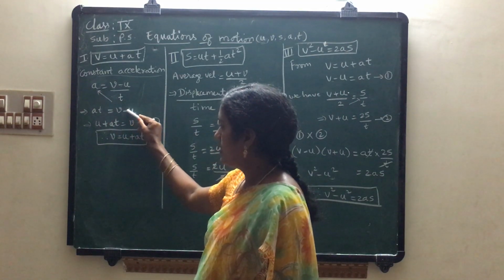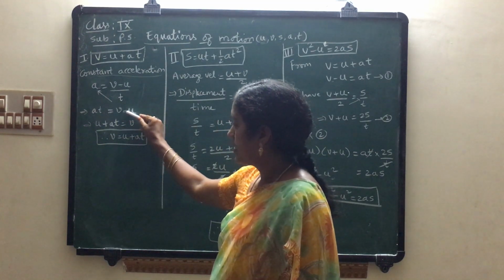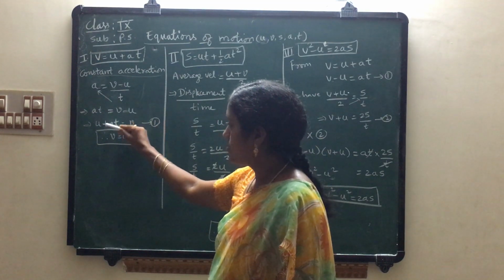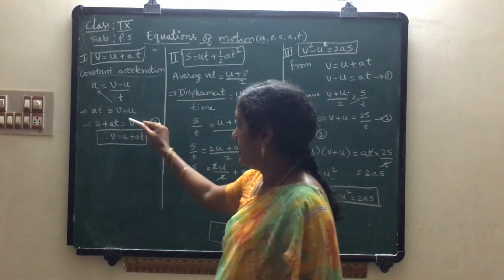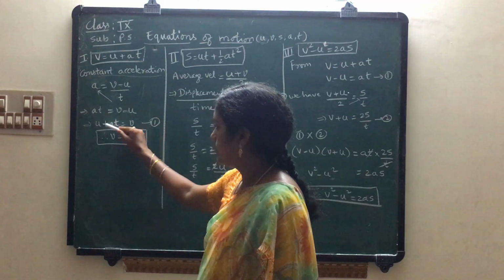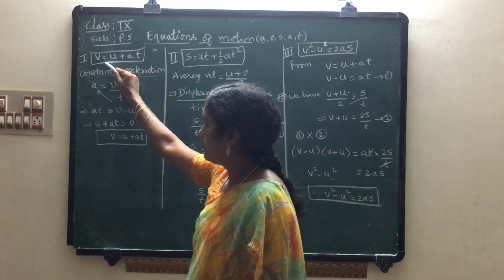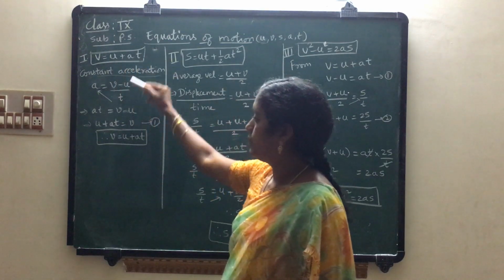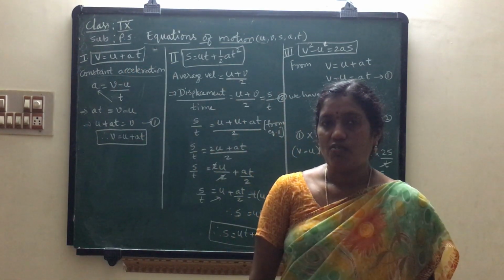See children, this u has a minus sign. If you bring this minus u to this side, it becomes plus u. So finally v is equal to u plus at. So this is our equation, v is equal to u plus at. We have derived the first equation of motion.